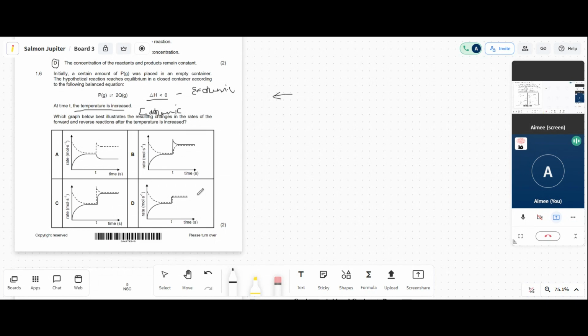Very difficult to just identify out of nowhere, so I would say go and familiarize yourself with these graphs from your textbook, from online sources. Go and do some research on what these changes look like on a reaction rate graph. And this will give you more insight as to why B is correct. It's basically because temperature causes a spike in both of them before a new equilibrium is established.